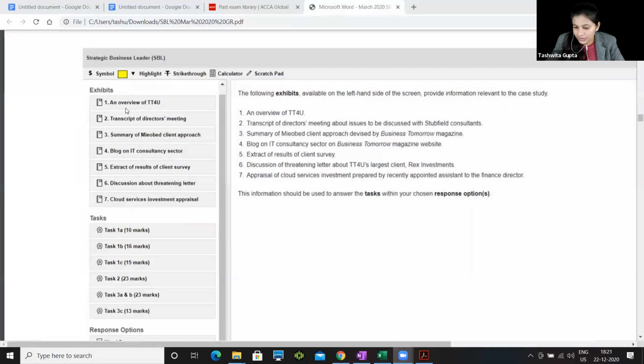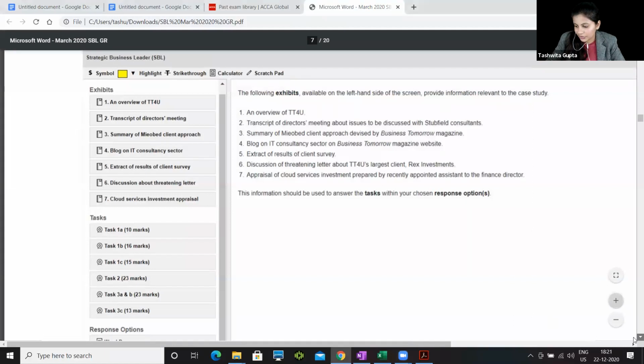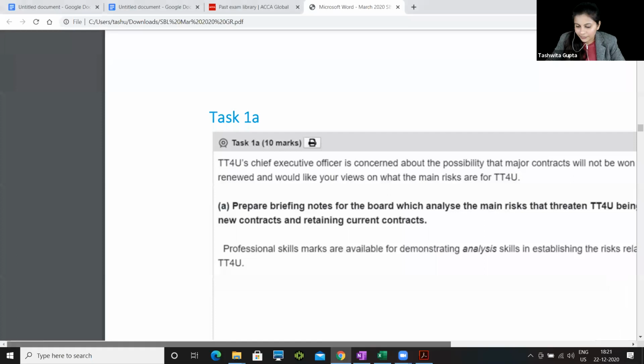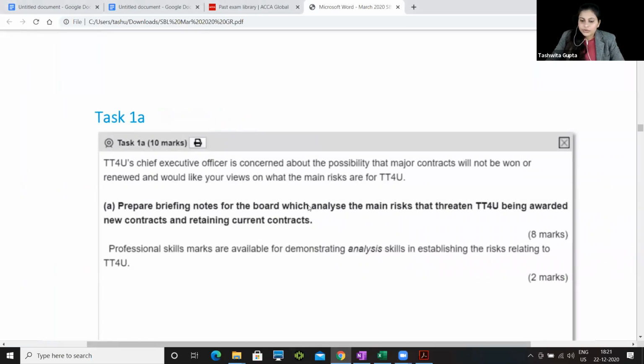Now let us move towards the tasks in this particular question. See this first task, you'll get a very good idea from here. Task 1 says TT4U's Chief Executive Officer is concerned about the possibility that major contracts will not be won or renewed and would like your review of what the main risks are for TT4U.